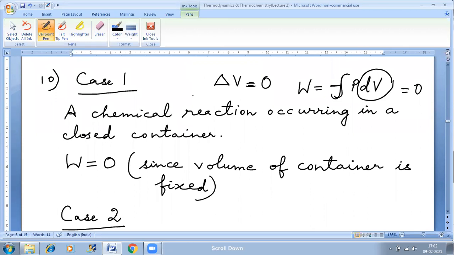So if they ask you what is the work done if a chemical reaction occurs inside a closed vessel, then we'll say that the work done is 0 because the vessel has a fixed volume, and anything which has a fixed volume means that delta V is 0 or dV is 0, and if dV is 0, then the work done is also 0.